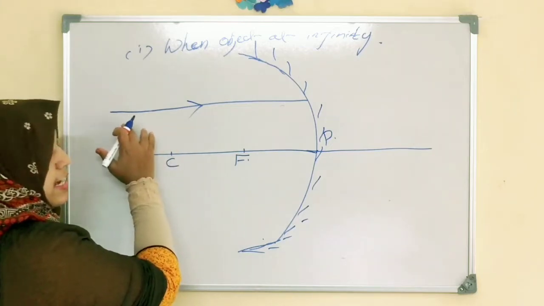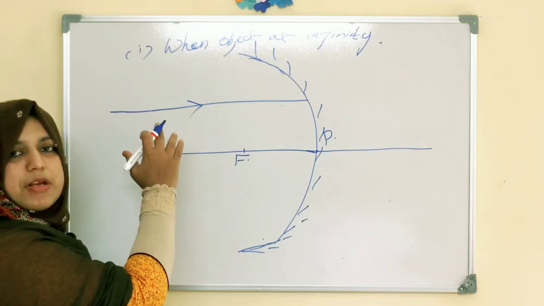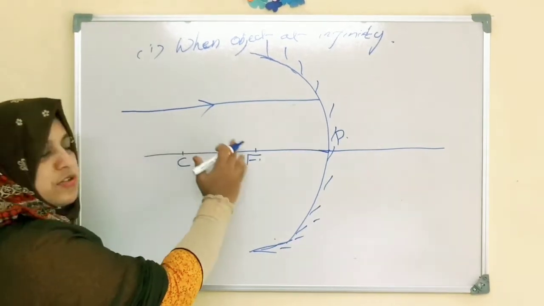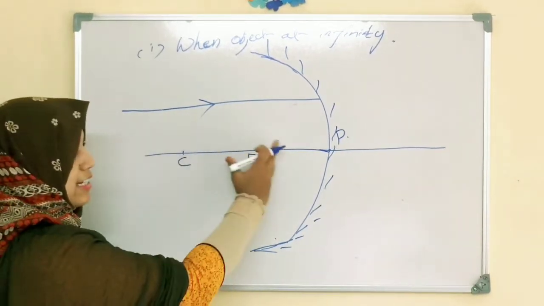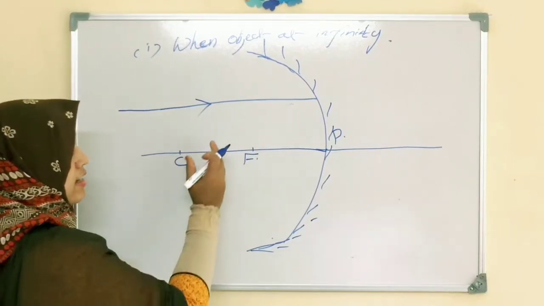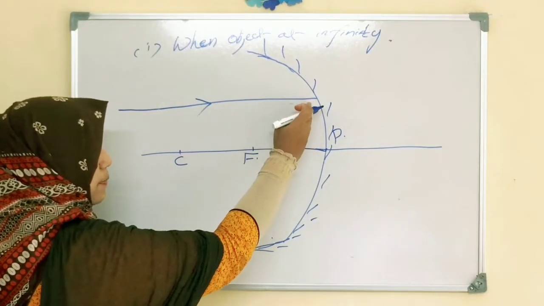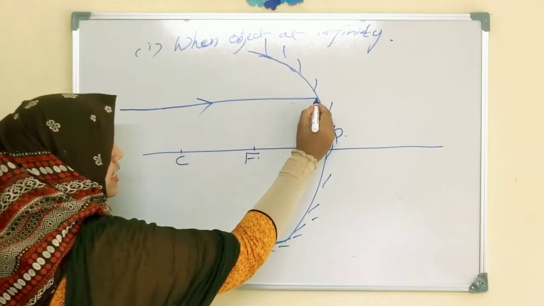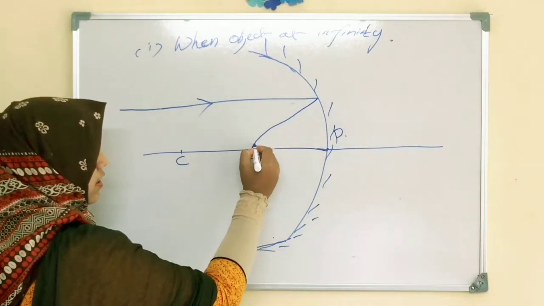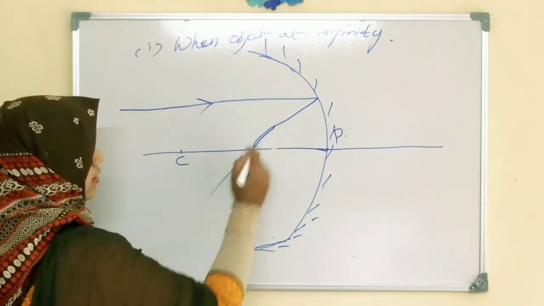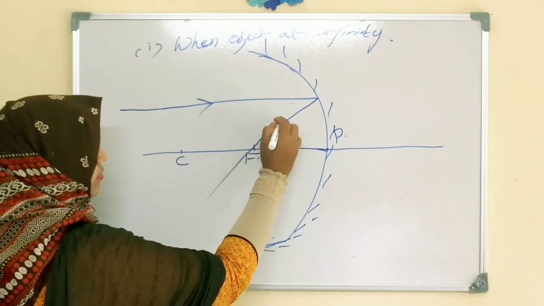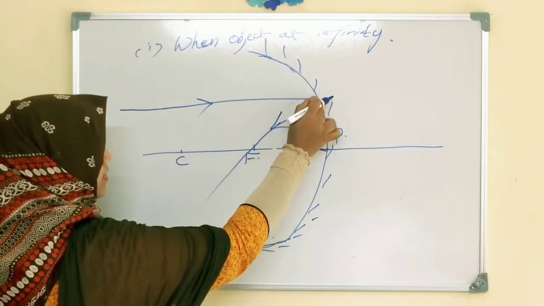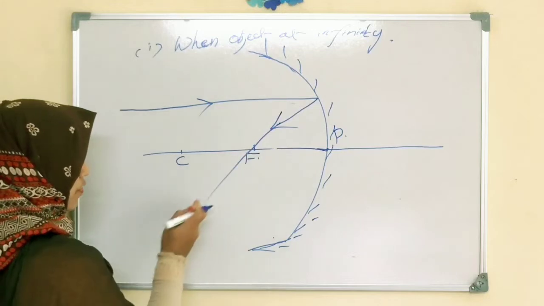That is, when any ray is coming parallel to the principal axis, after reflection it passes through focus.